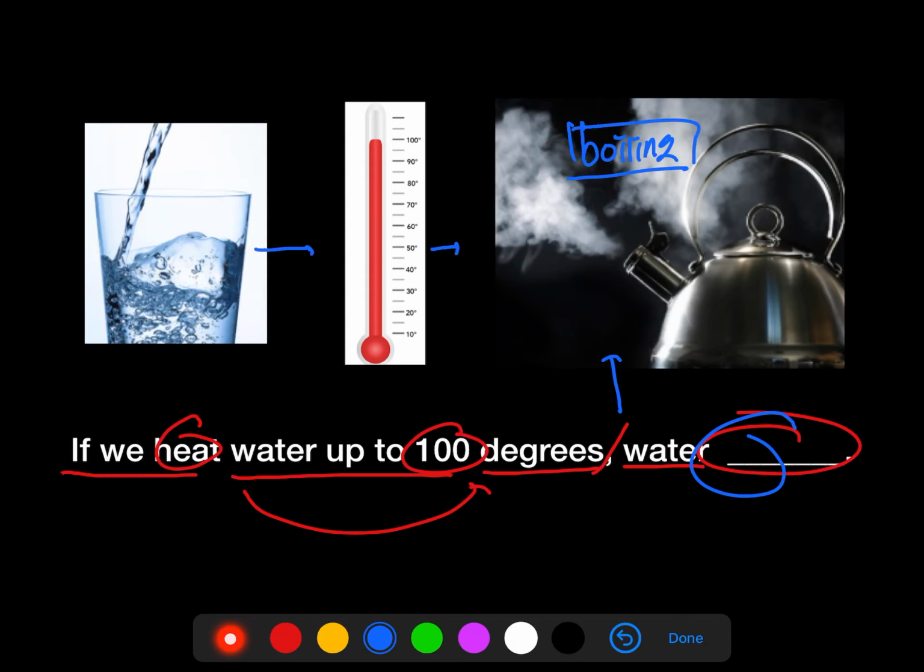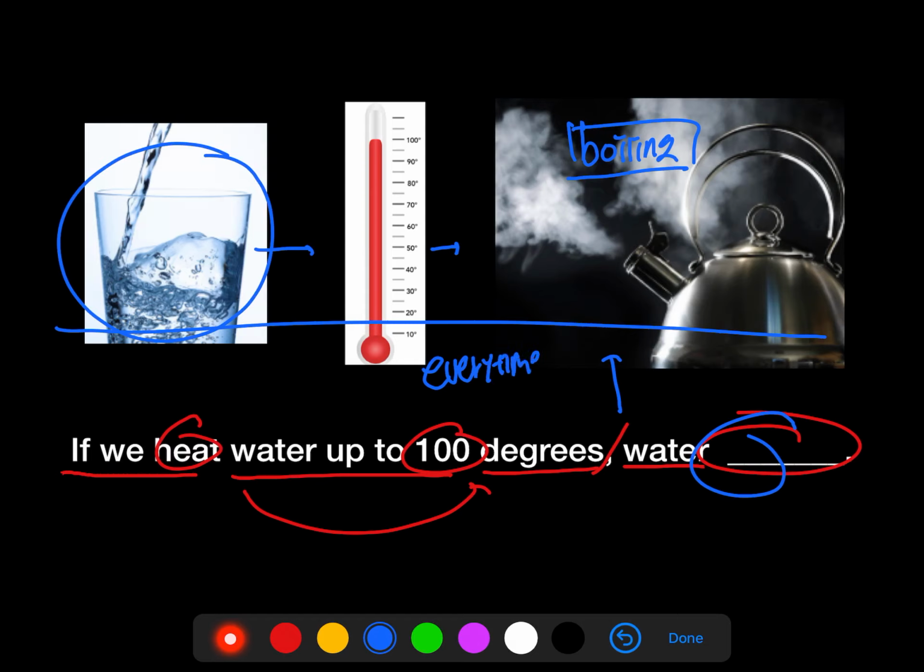So, does this situation happen sometimes? No, it happens every time. And it's 100% true. Then which one should we use? Zero conditional, right?